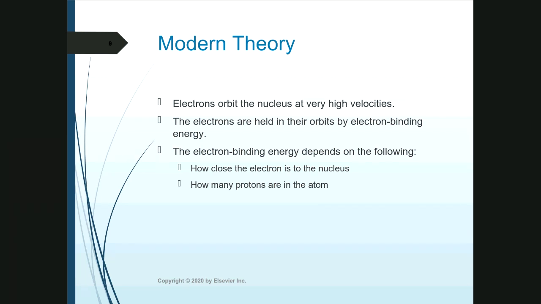And the electrons are held in their orbit by electron binding energy, meaning that the negative charge of the electron on the shell and the positive charge of the nucleus from the protons, those opposites attract. It depends on how close the electron is to the nucleus and how many protons are in the nucleus.